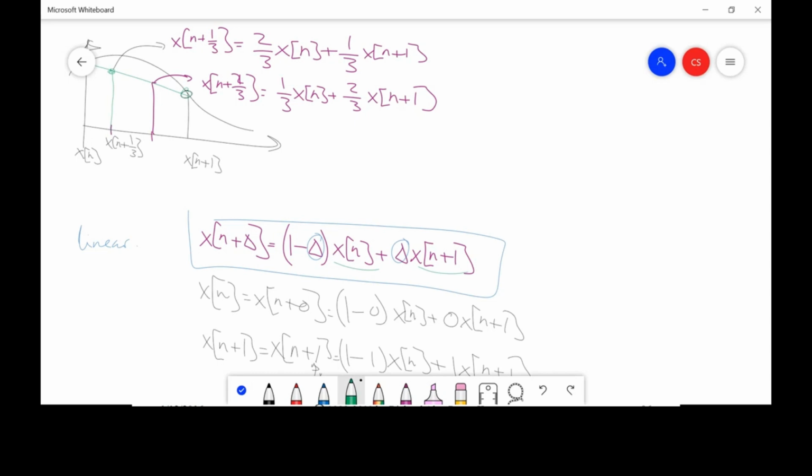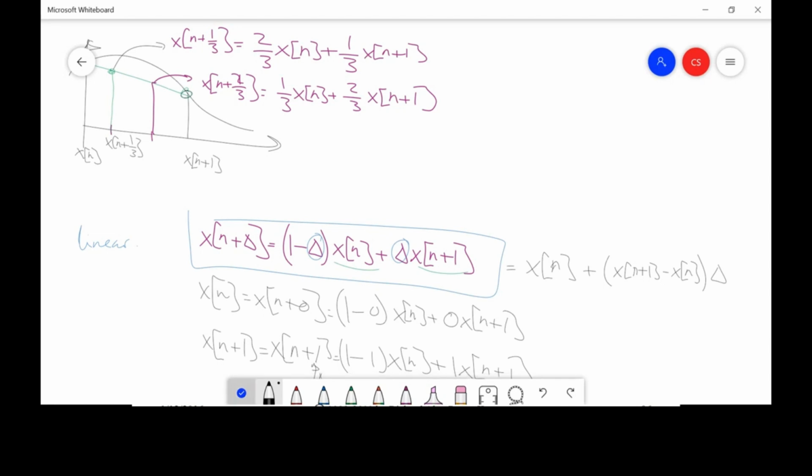So what is the shape? Let us do it in 1 minute. Let us multiply this. So I will have x of n plus x of n plus 1 minus x of n multiplied by delta.